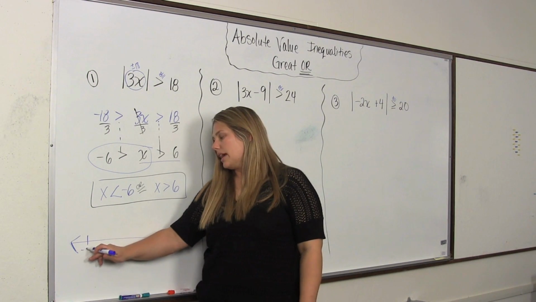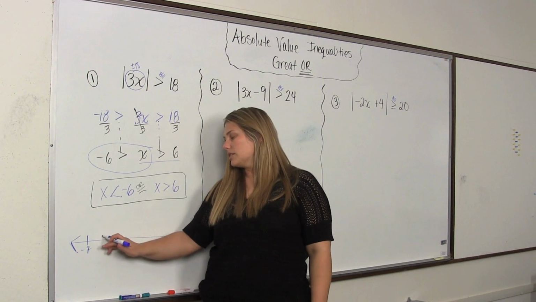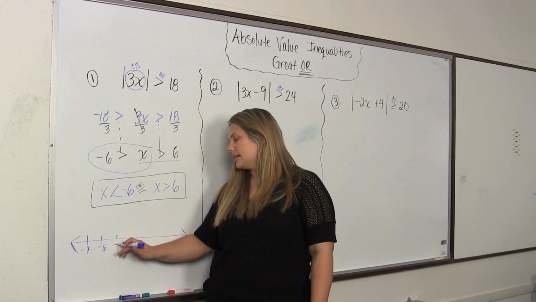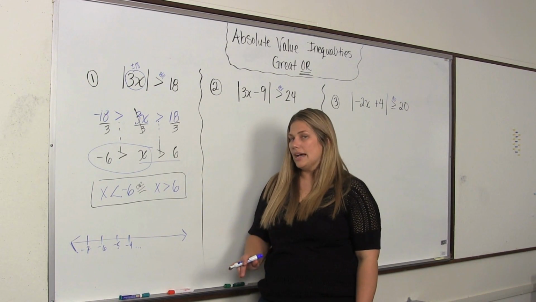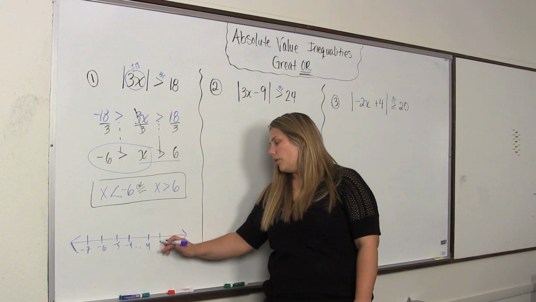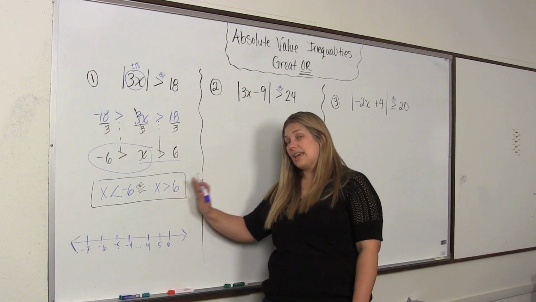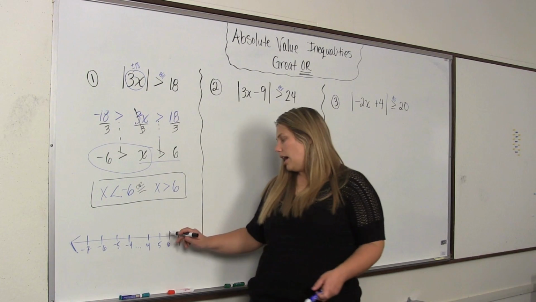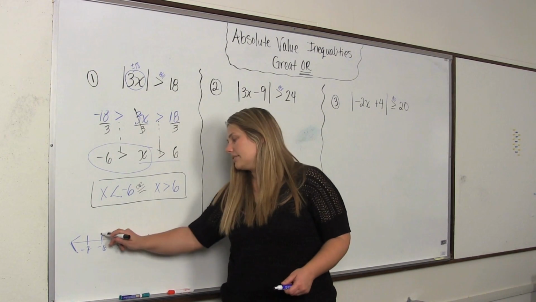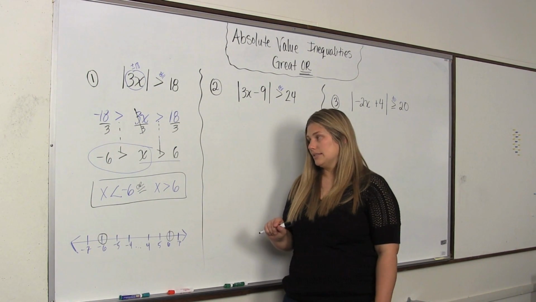So on my number line, I need to start with one further. So I'm going to start at negative 7, negative 6, negative 5, negative 4. I'm going to go ahead and put that dot, dot, dot. 4, 5, 6. I need to go one further the other direction, so I'm going to go to 7. I'm going to have circles on positive 6 and negative 6.